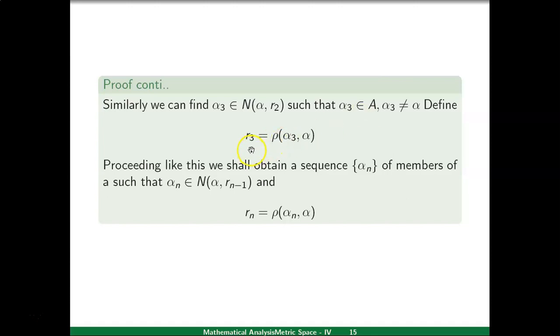Now define R3 as the distance of point alpha 3 from alpha, and proceeding in the same way, we obtain a sequence of points alpha n such that alpha n belongs to the open sphere centered about alpha with radius R(n minus 1), where Rn is the distance of point alpha n from point alpha.